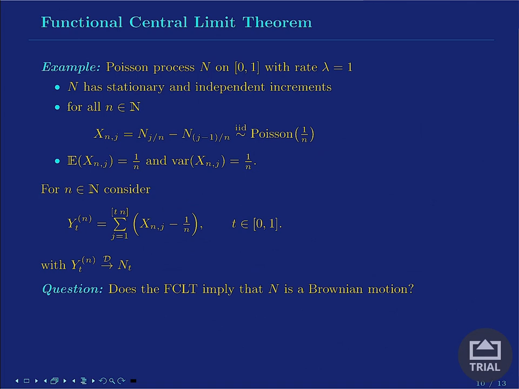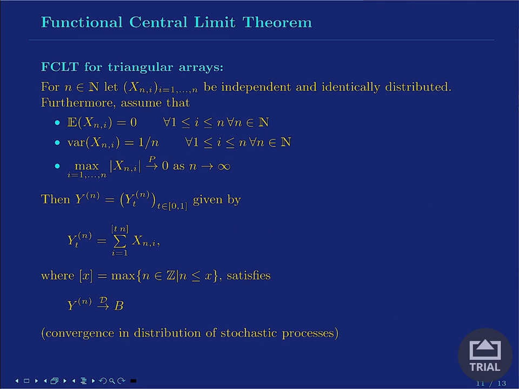So this leads us to the following generalization of the functional central limit theorem, which is the functional central limit theorem for triangular arrays. So we assume, as in the example, that we have independent and identically distributed xni for every n, with mean 0 and variance being 1 over n.